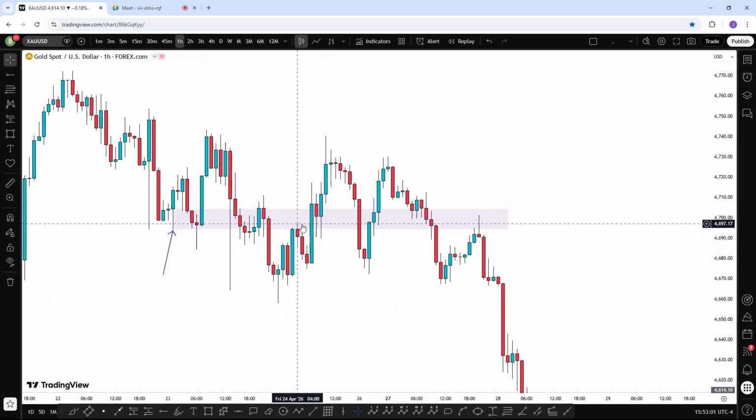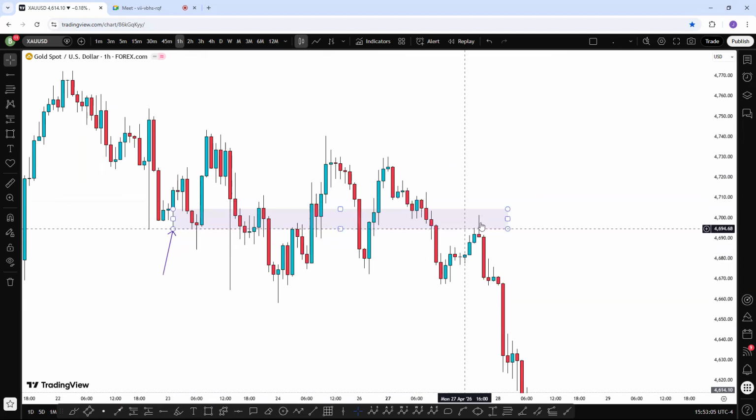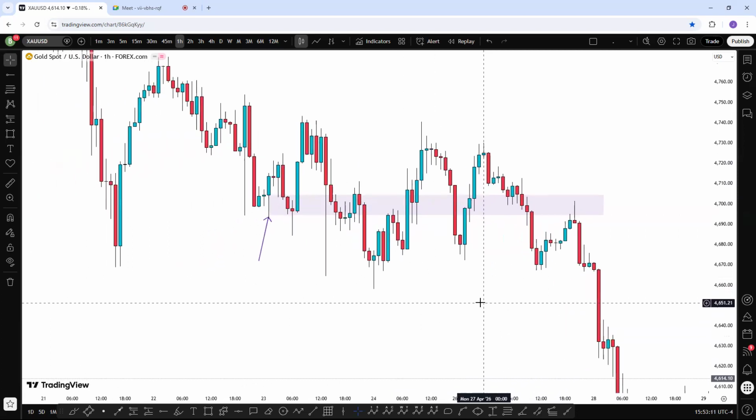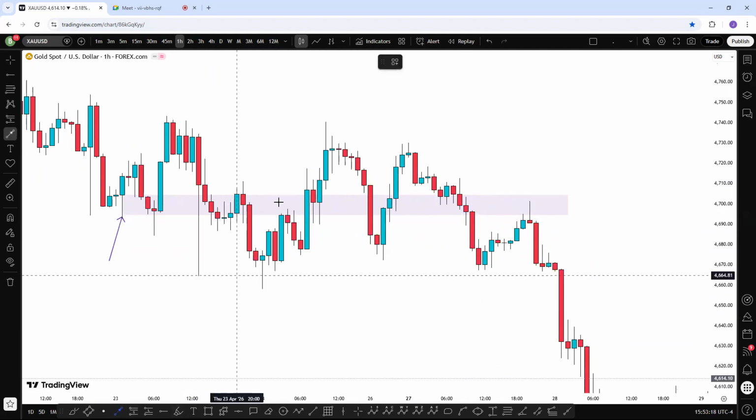Manipulation, test, another manipulation, break, another manipulation in the zone, price comes back, reaction, goes down. So that's it. It's what we call HS zone because you have multiple manipulations in the same area.